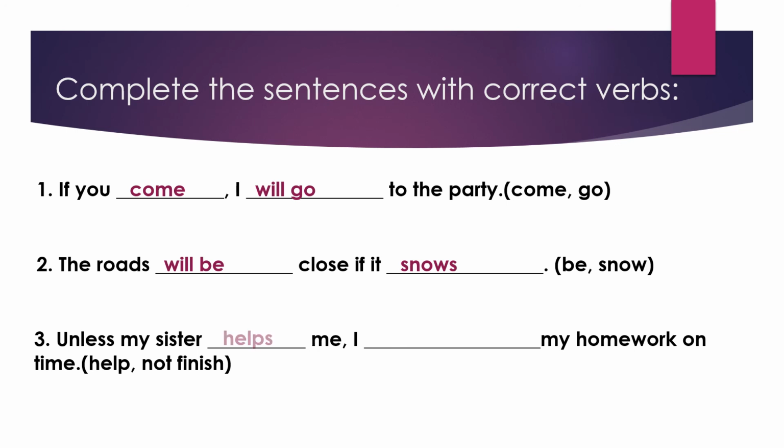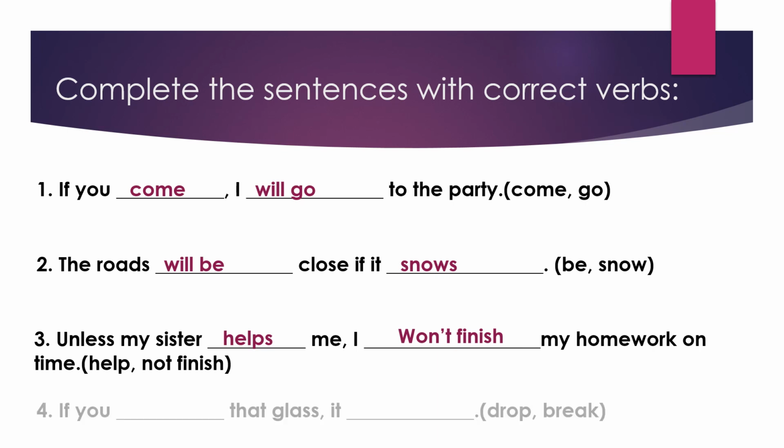Unless my sister, yes, helps me, I, we have not finished my homework on time. I won't finish my homework on time. The last sentence: if you drop, yes, that glass, it will break. So here we have the if clause and the main clause.